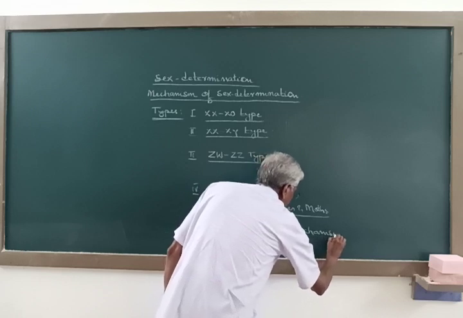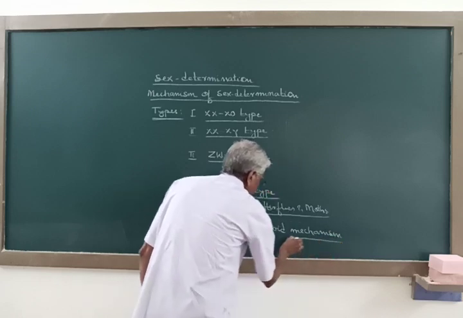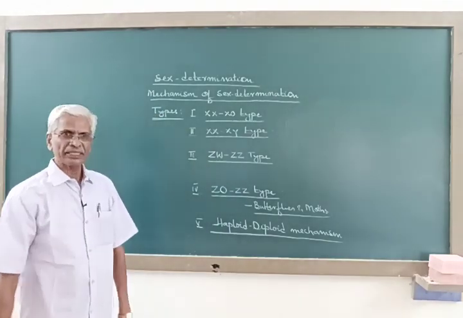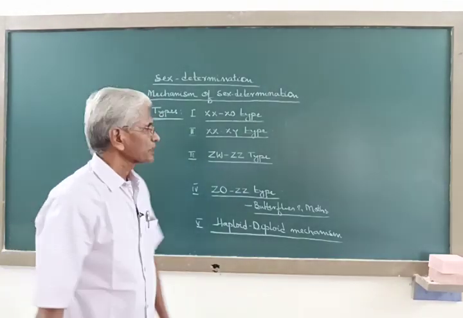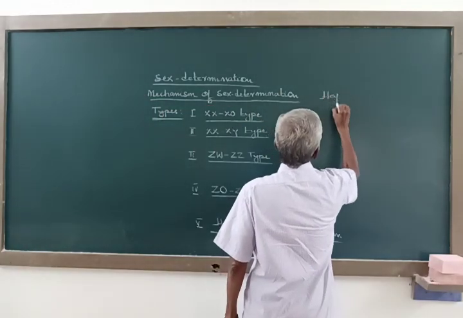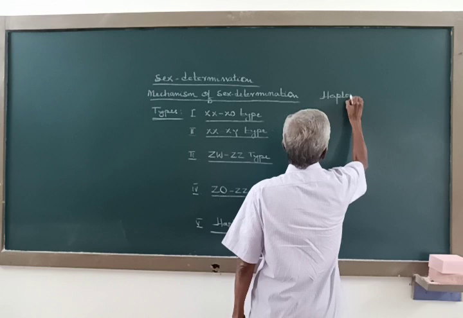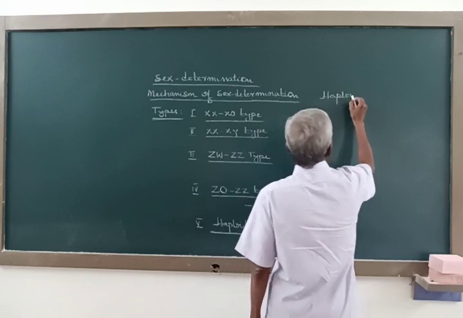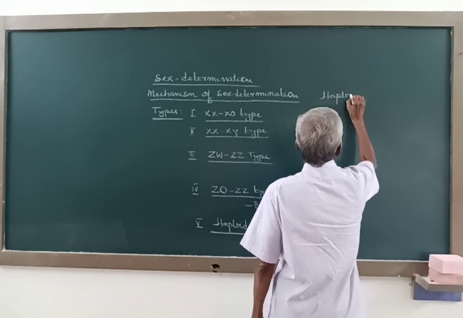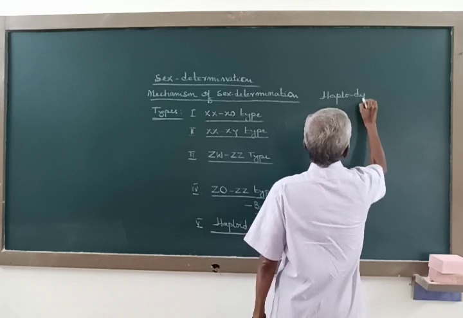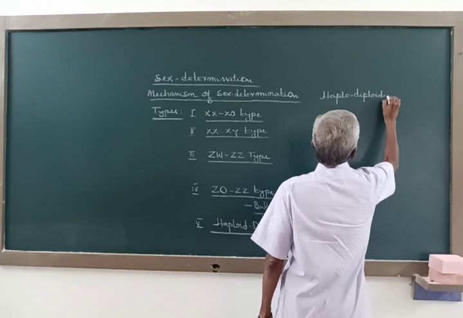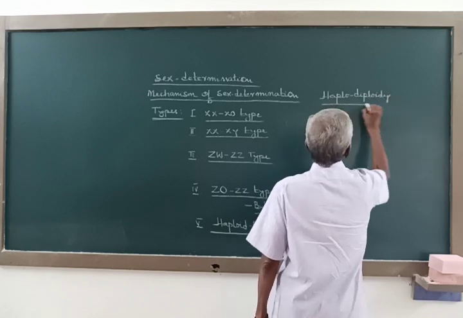Haploid diploid mechanism. Now this haploid diploid mechanism is also called haplodiploidy.